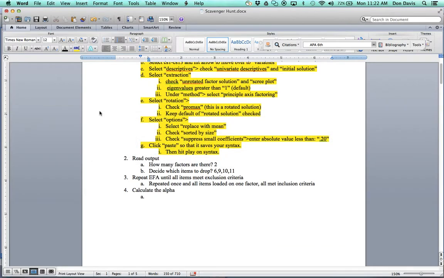This would probably tell us that if we wanted to, we could reduce the scale some, because do we really need 9 items to assess this construct? Potentially we could reduce the length of the scale and still have an alpha around 0.90. So what I'm going to do in the second phase is run a CFA on the same sample.